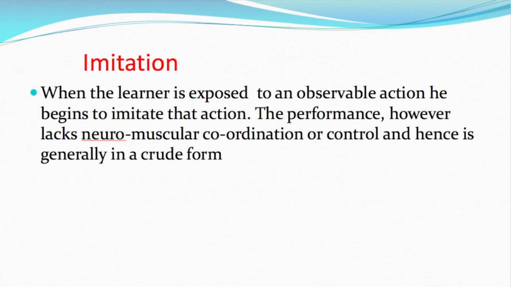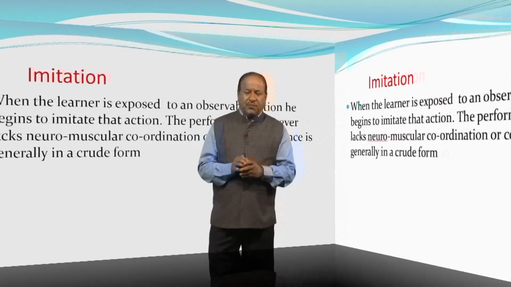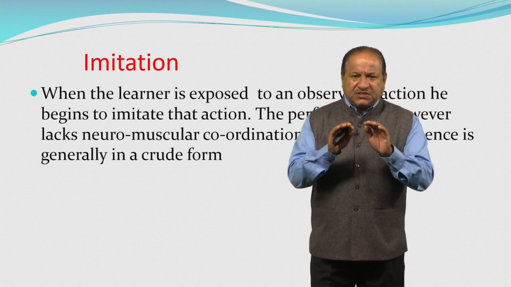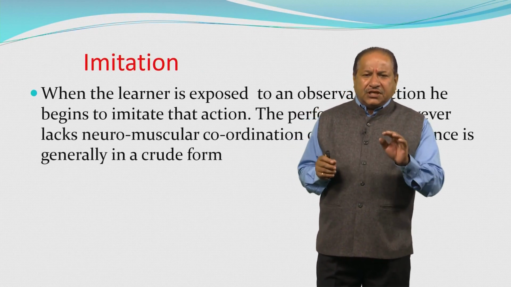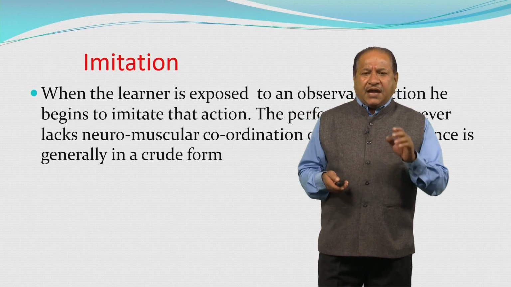When the learner is exposed to observable actions, he or she begins to imitate that action. They observe it very well, and then imitation takes place. The performance, however, lacks neuromuscular coordination and control at the initial stage, and hence is generally in a crude form, not in a proper pattern.